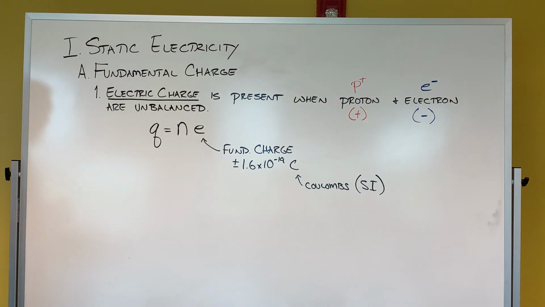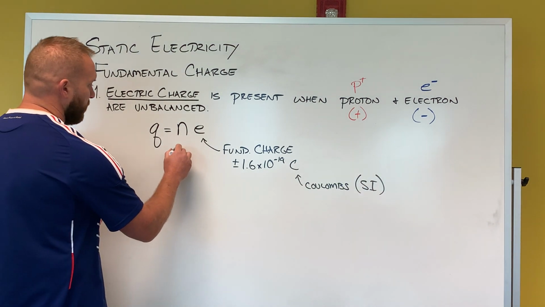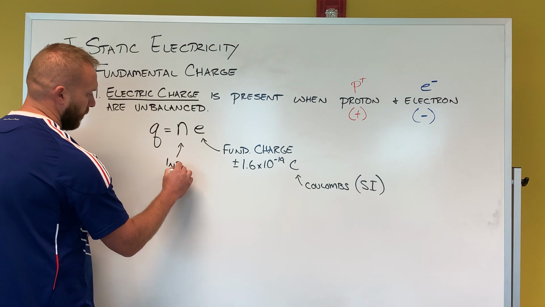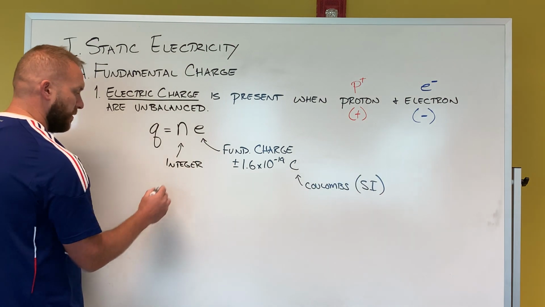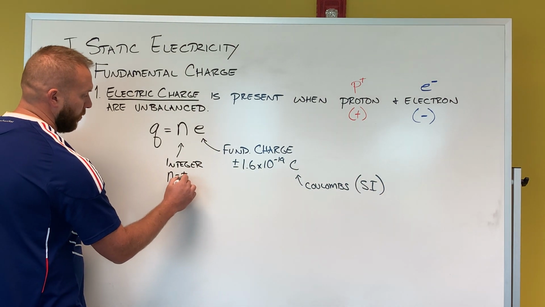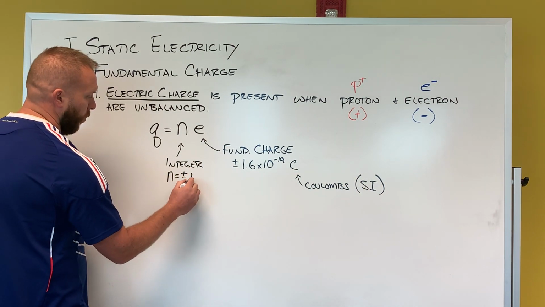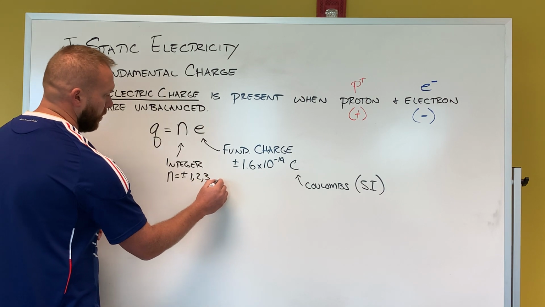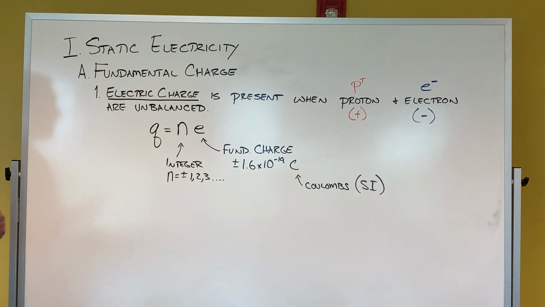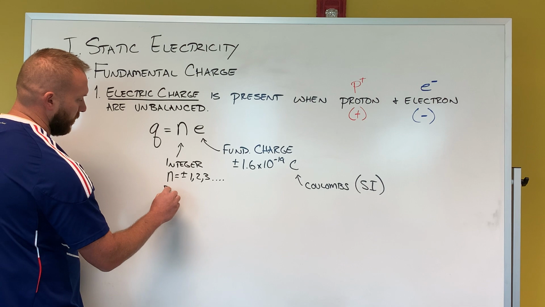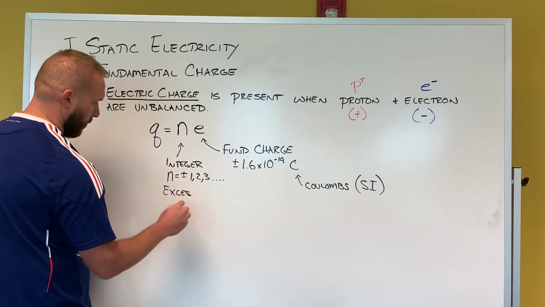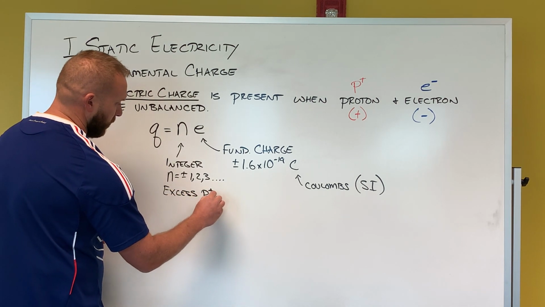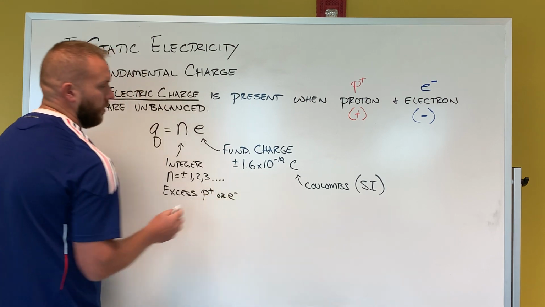Okay? N is an integer. Basically, N is going to equal 1 or 2 or 3, and so forth, depending upon the excess. This basically tells us the excess protons or electrons.